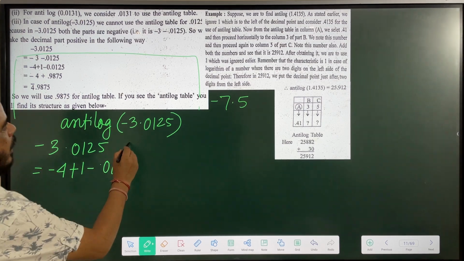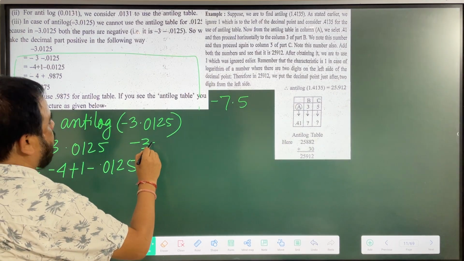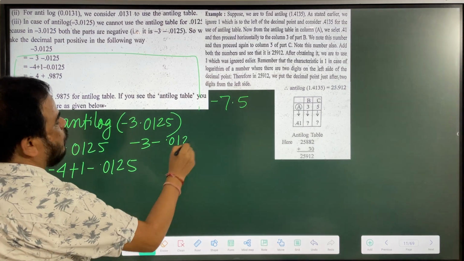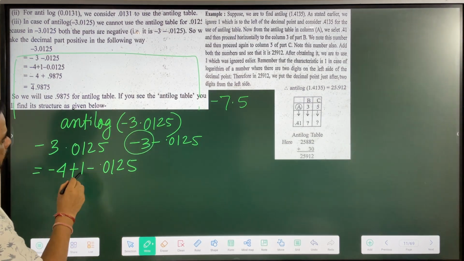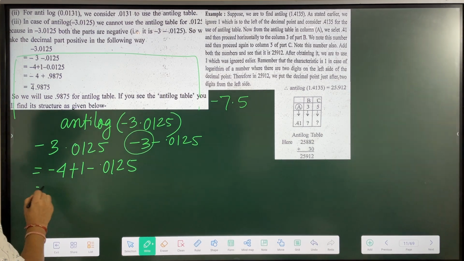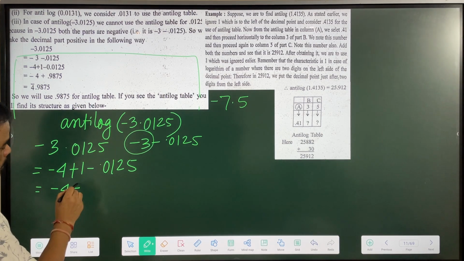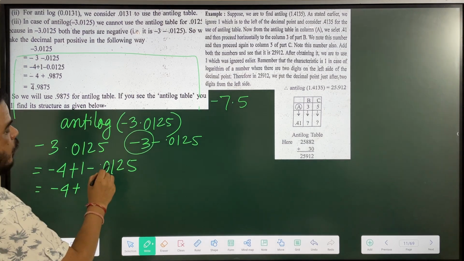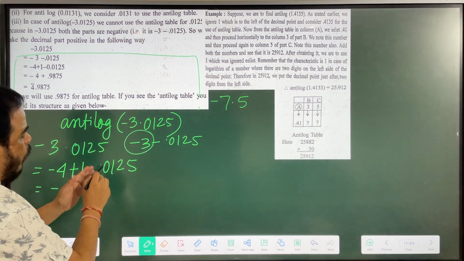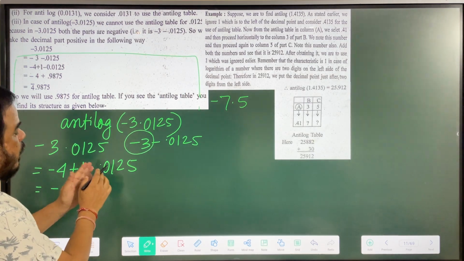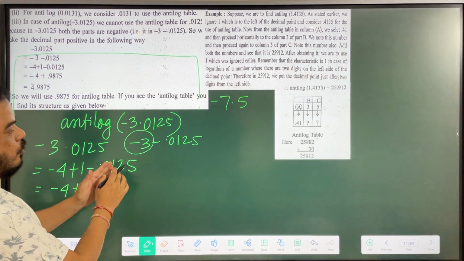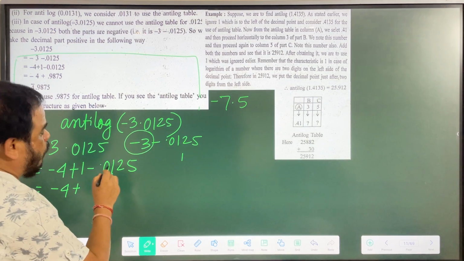So in place of minus 3 we write minus 4 plus 1, minus 0.0125. From 1, if we subtract 0.0125, we will get a positive number, because 1 is greater than 0.0125.